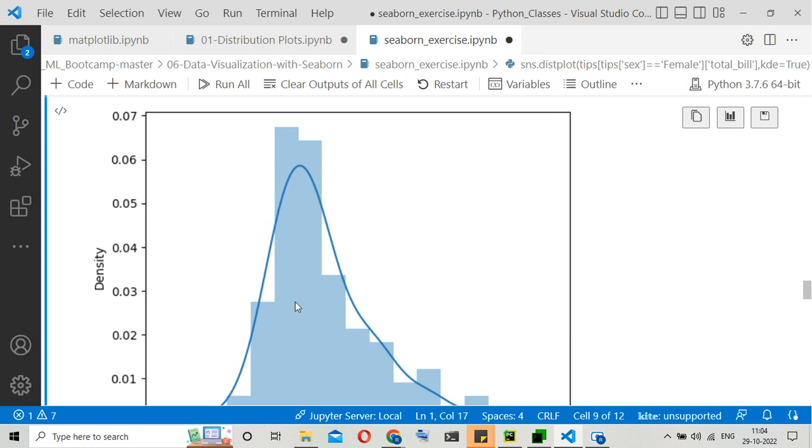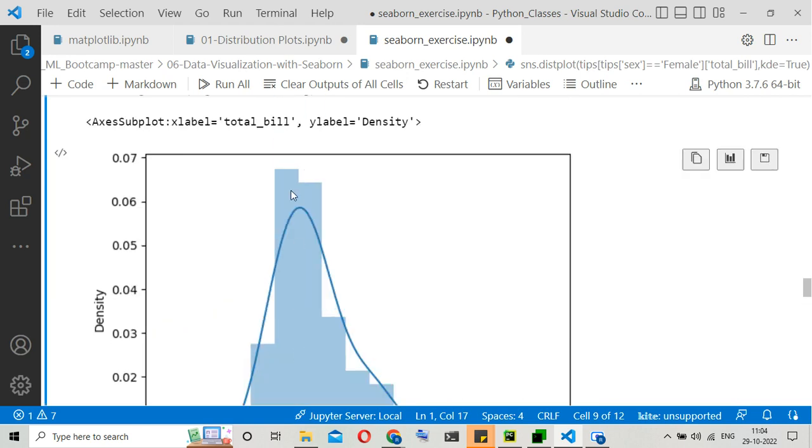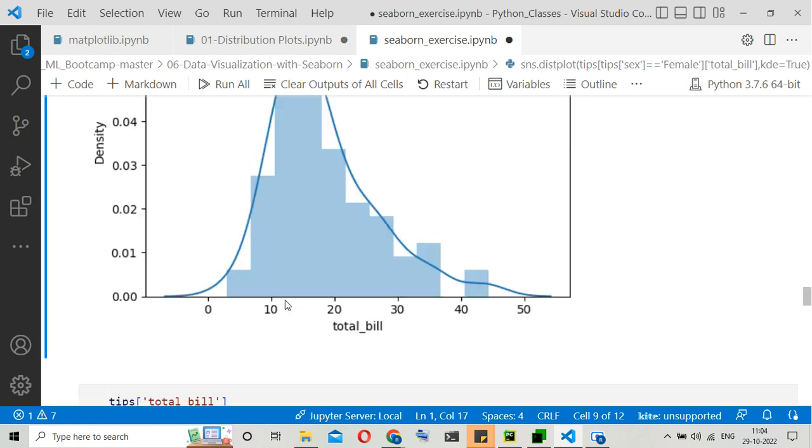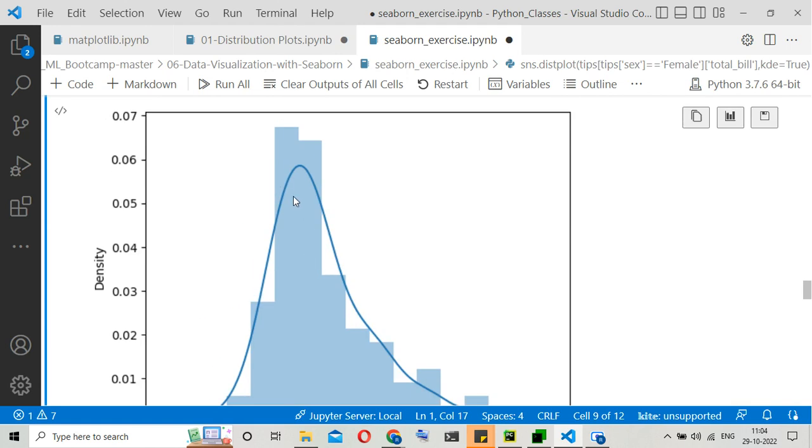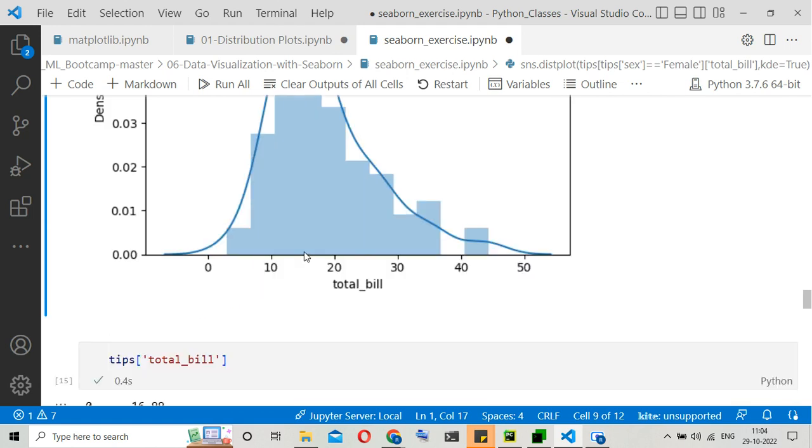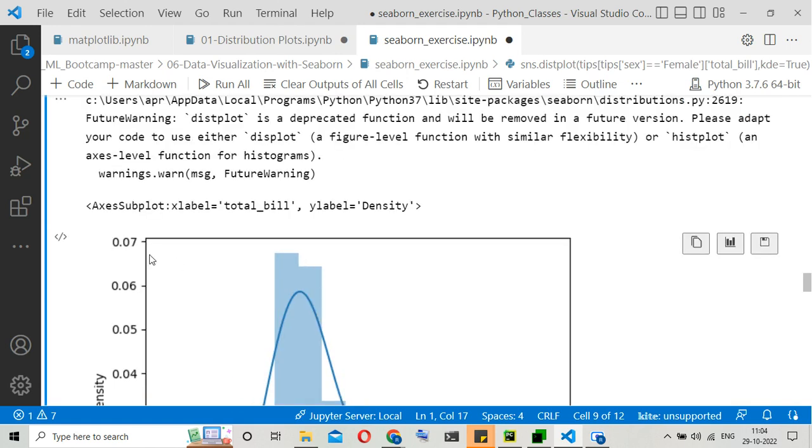So you can say this bar is around 6 point something percentage, 6.9 or 6.7 percentage of this dataset. Meaning your bill range between 12 to 15 is 6.8 percentage. That is the idea.